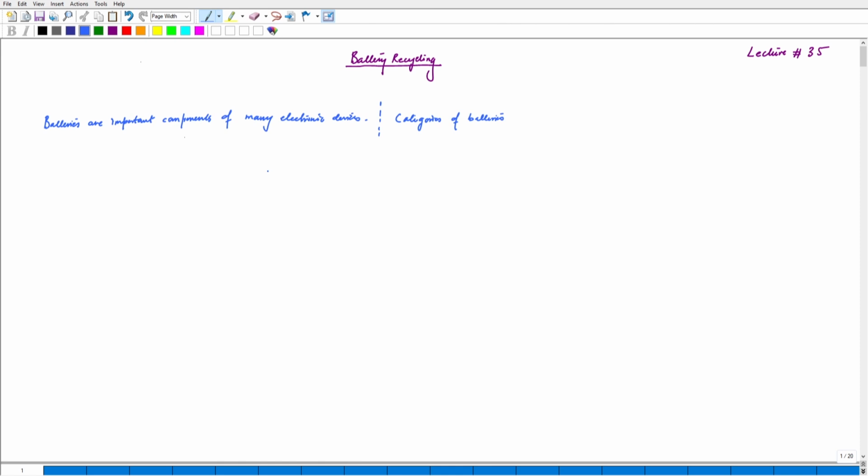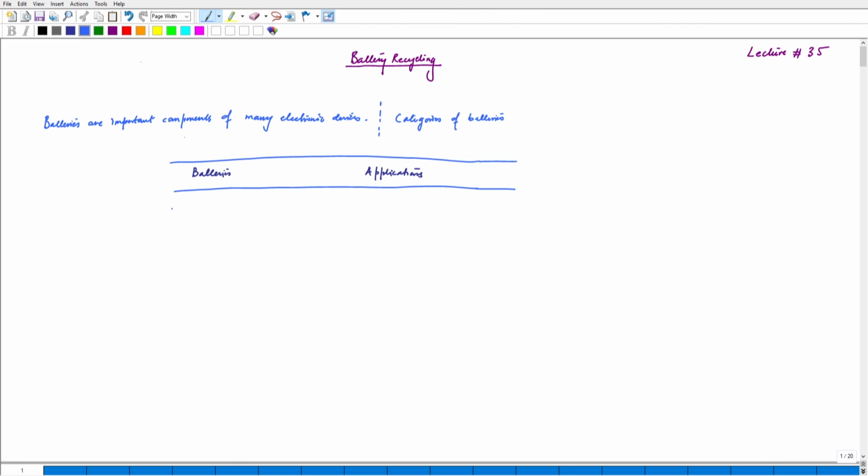And not just the categories, we'll also look at some intended applications where these are mostly used. So we have batteries, we have applications, and gradually we'll be studying most of the batteries as far as we can, and we'll see how the recycling is carried out for these battery types.